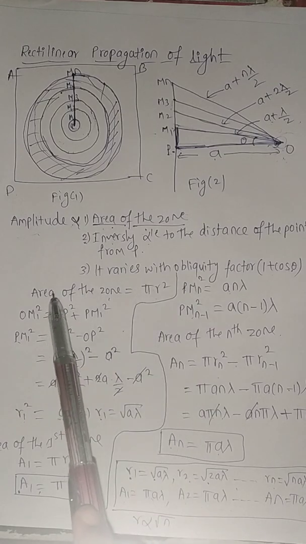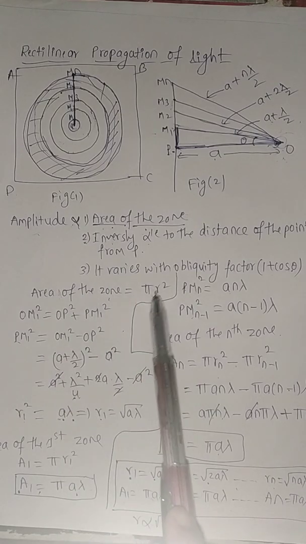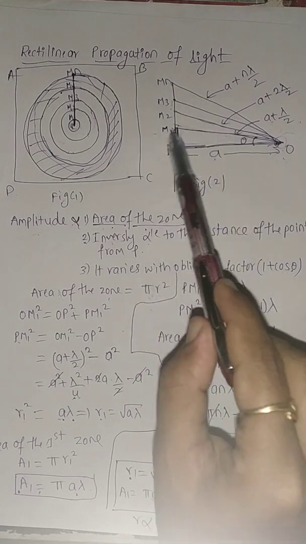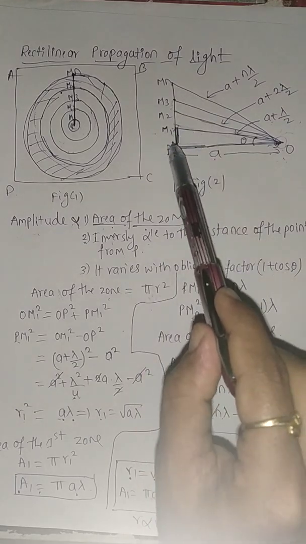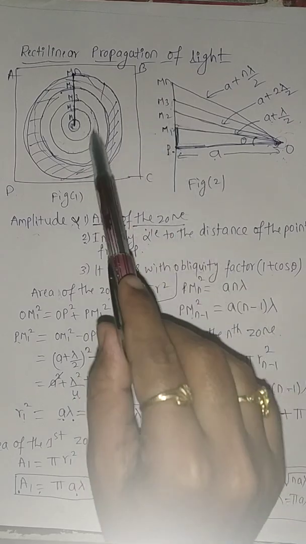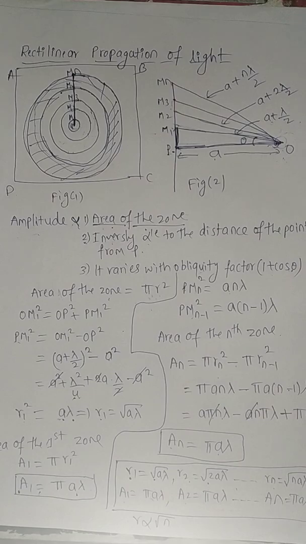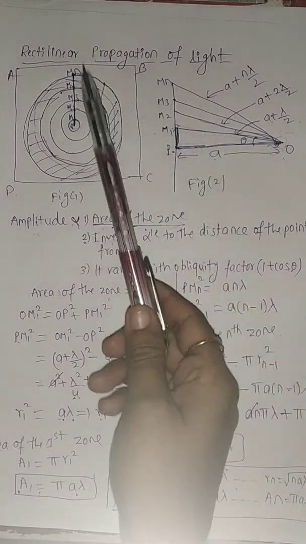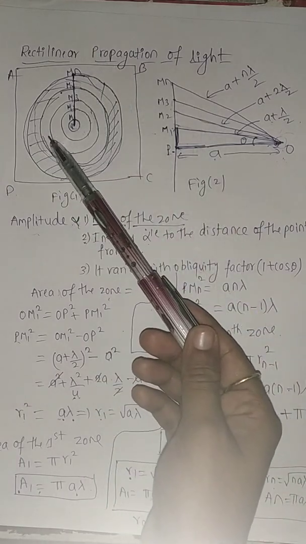So if you want to calculate the area of the zone, the r value is needed. R is nothing but the radius. So first I calculated the radius here. PM1 is the radius. We already know how to construct a zone plate. If anybody has confusion about the zone plate, please see my last video, then you can understand how to construct this plate. Understanding?